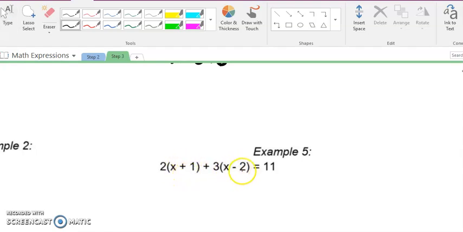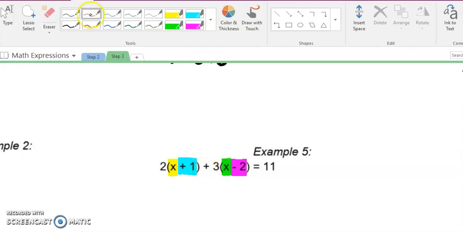Here we have two clubs or two parentheses. In the first parentheses, I have an x. I have a positive 1. In the second parentheses, I have an x. And I have a negative 2. And you might say, well, how do I know which parenthesis this 3 wants to go to?